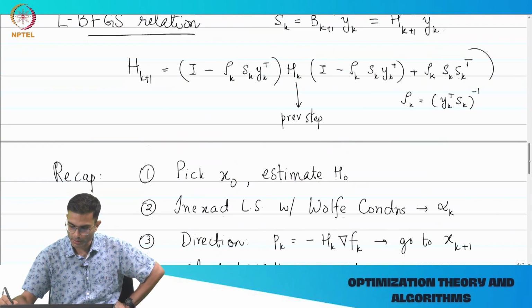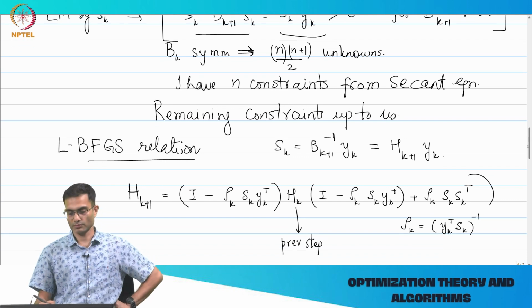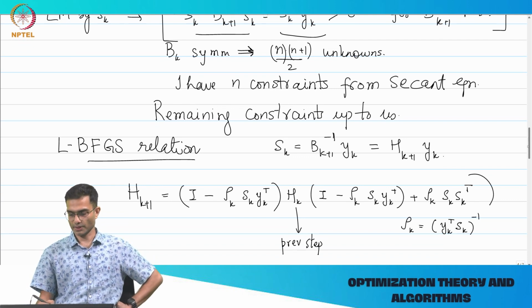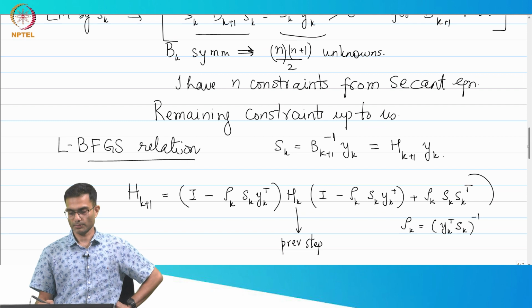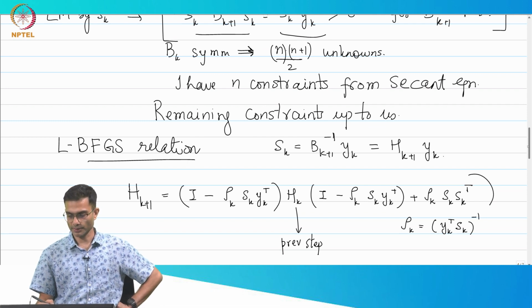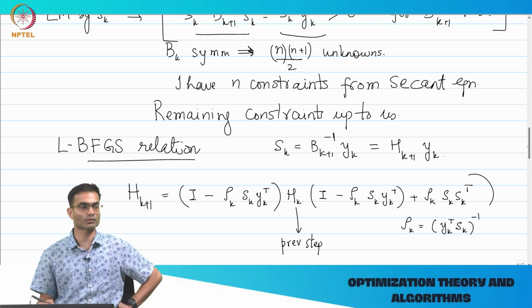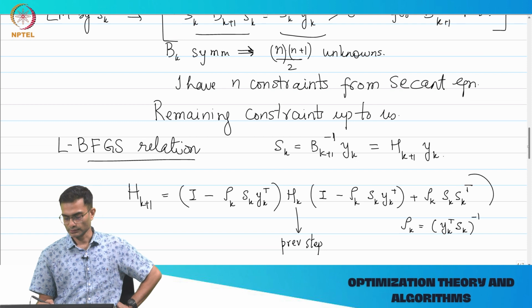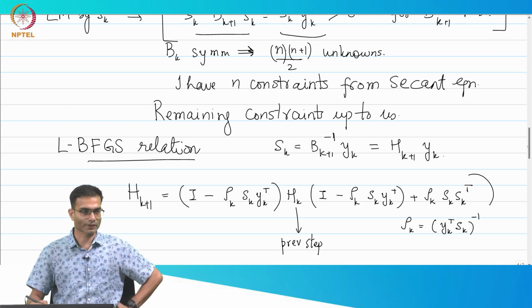It's not clear to me looking at this BFGS relation whether or not that would be the case. Maybe it will be. Yeah, we need to look at this a little bit more. So if I start with a positive definite Hk, will Hk plus 1 also be positive definite? Yeah, I don't want to make a casual comment. Let's look at this a little bit more carefully.